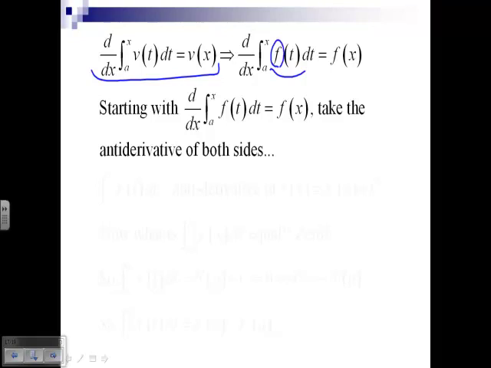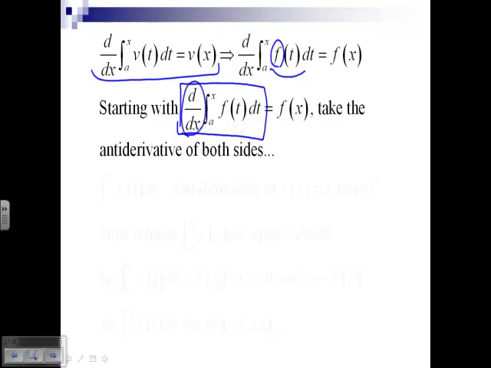It seems like a strange step, but I want you to think about taking the antiderivative of that. The antiderivative of a derivative. Essentially you're reversing the reversing.